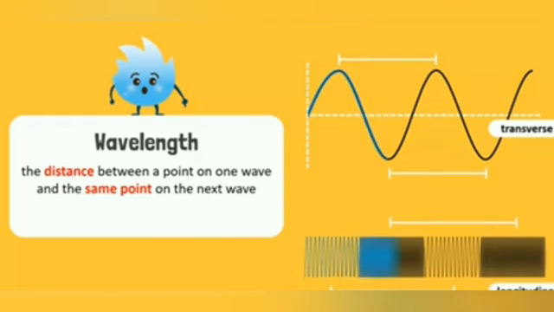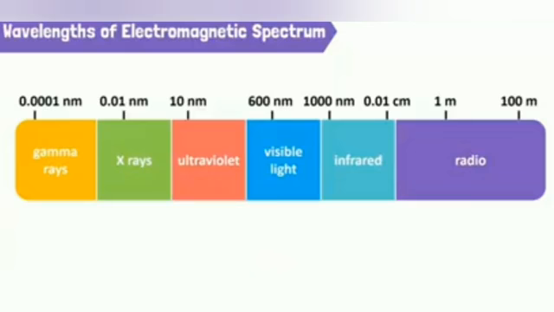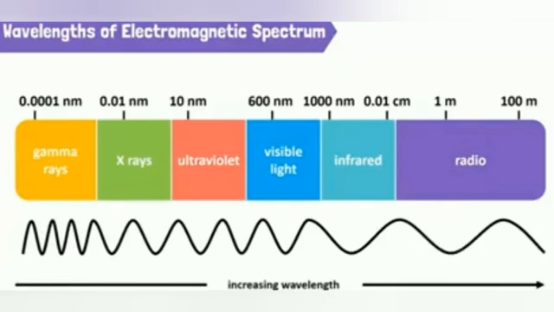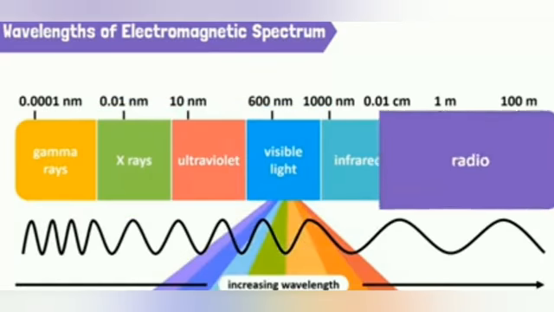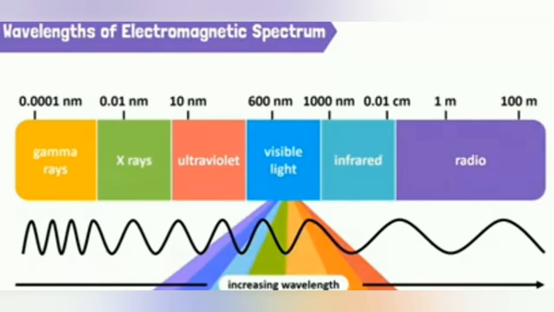The wavelength is also the length of one complete wave. It is denoted by the Greek letter lambda and is usually measured in meters, m. The wavelength can vary greatly. X-rays are very short, visible light is somewhat long, and radio waves are much longer.